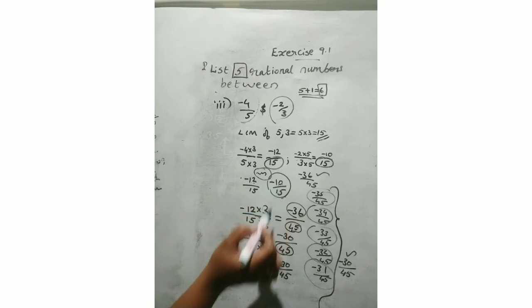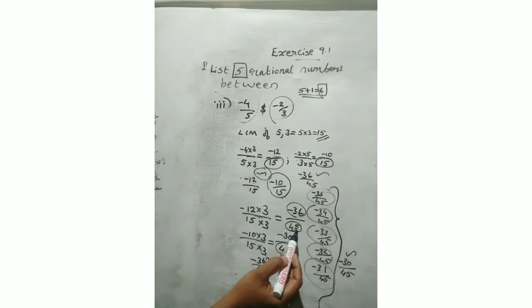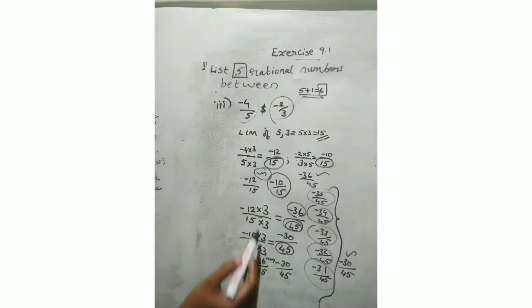So now we took only this 45 as the denominator. So 15 times 3, 45. Then 15 times 3, here also 45. We have to multiply numerator and denominator with the same number to make this 45. Clear? Then we can write the rational numbers between these two rational numbers.